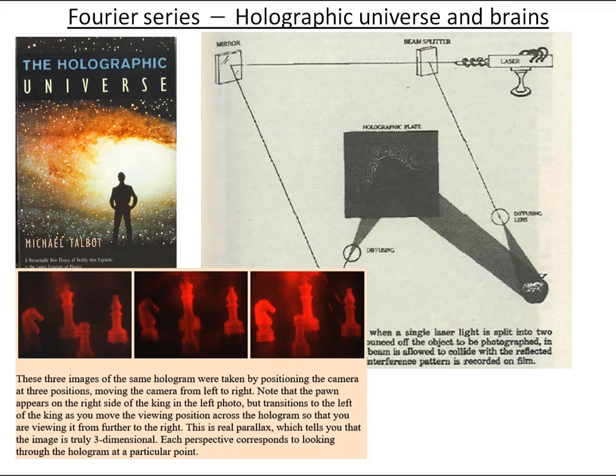Note, the pawn appears on the right side of the king in the left photo, but transitions to the left of the king as you move the viewing position across the hologram, so that you are viewing it from further to the right. This is real parallax, which tells you that the image is truly three-dimensional. Each perspective corresponds to looking through the hologram at a particular point.